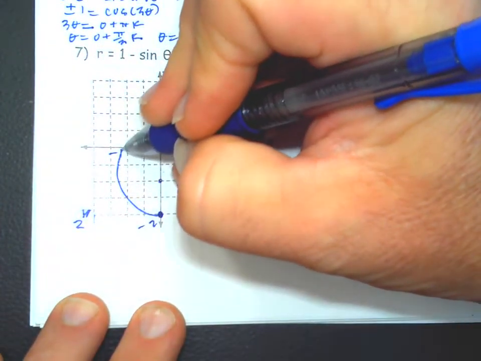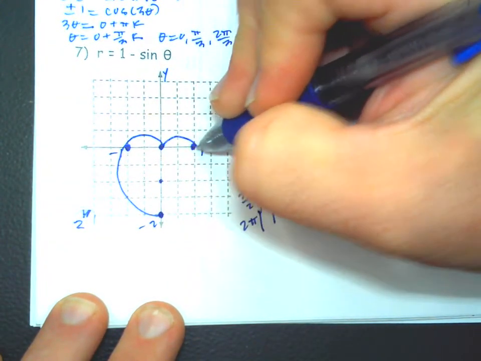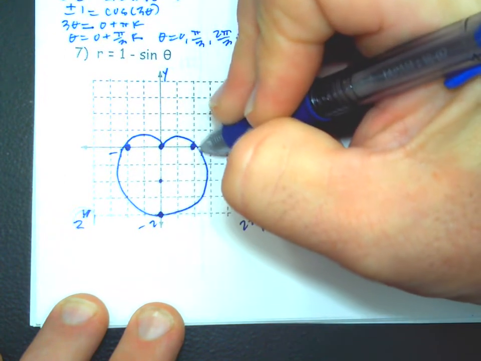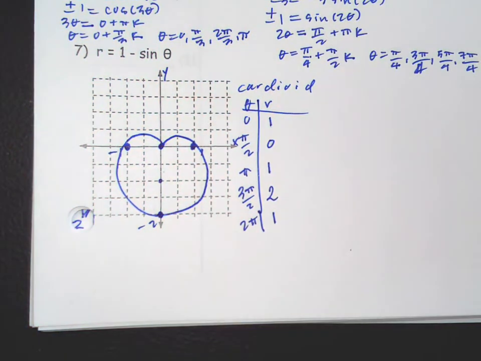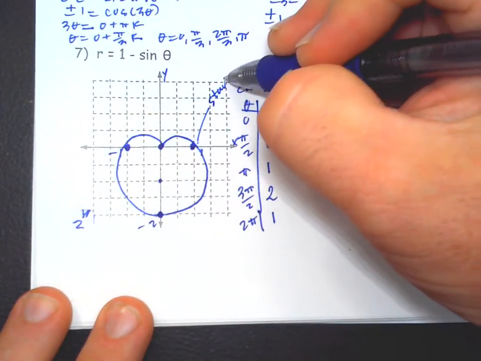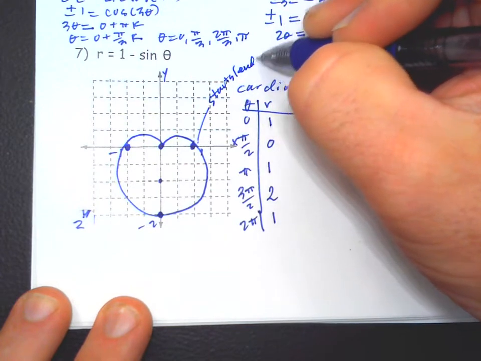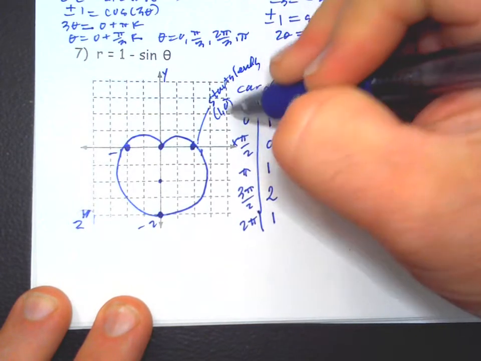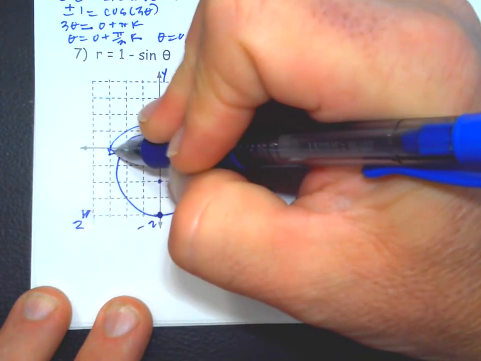So there you go. Something like that. It starts and ends at 1, 0. And the direction is like this.